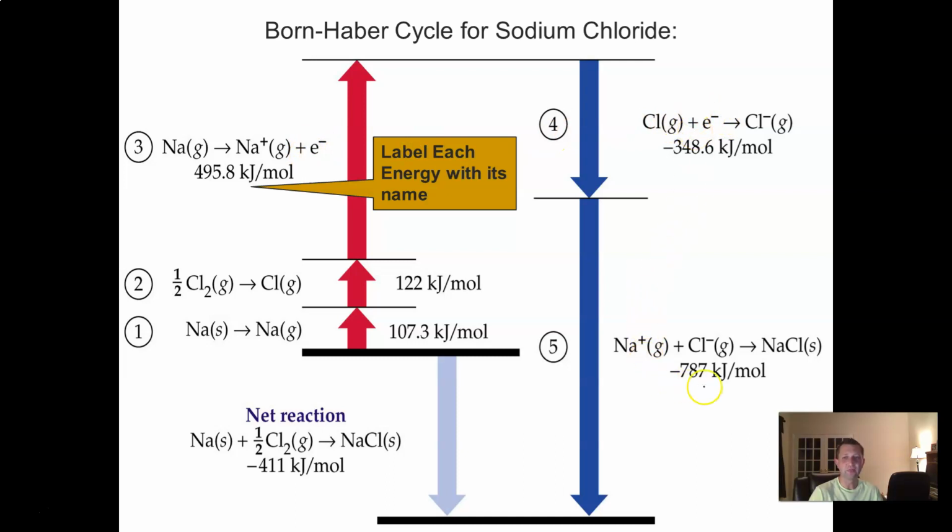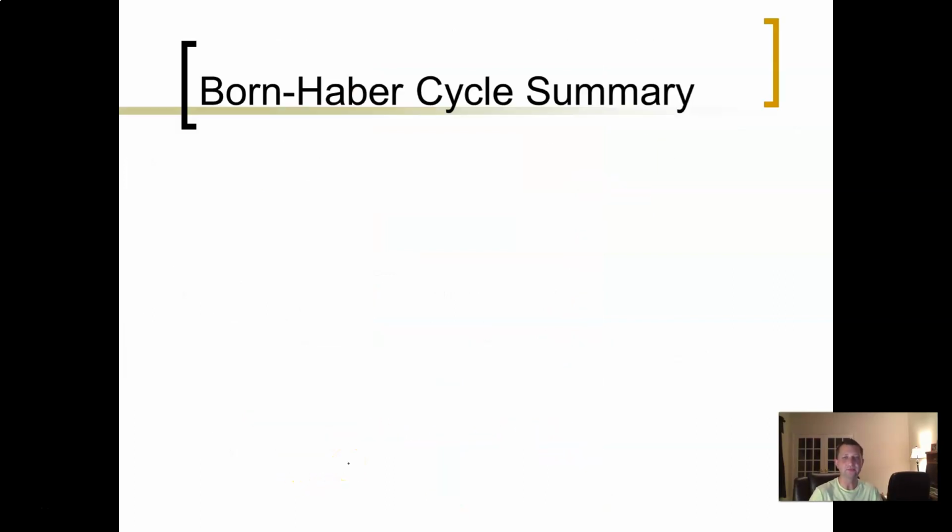Step 5, put it all together. Okay, so take a look at your notes to figure out what those vocab terms are. Here's your overall net reaction formation equation there. You get negative 411. So energy goes in, in, in. In this case, it comes out for step 4, big time out for step 5. And your overall negative 411. That's what we want to see.